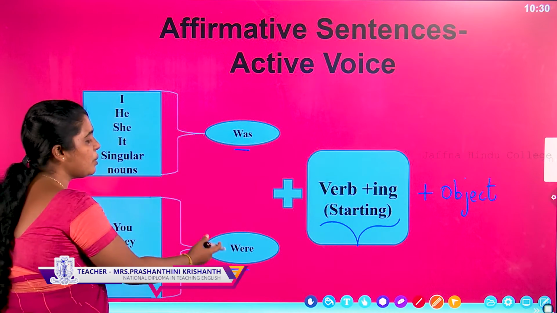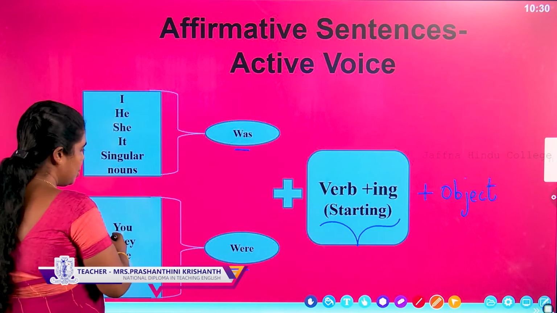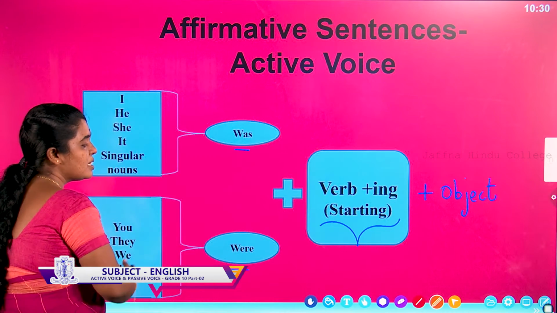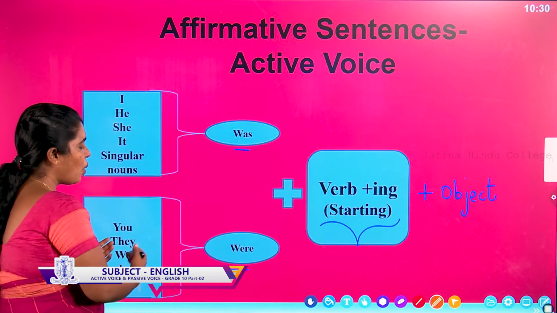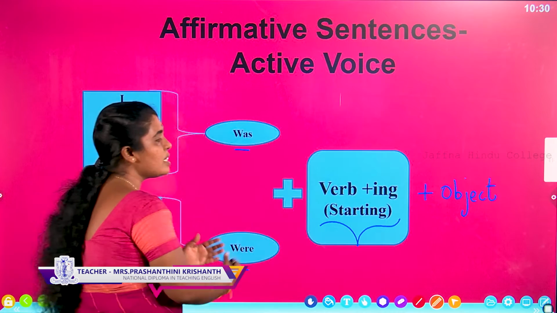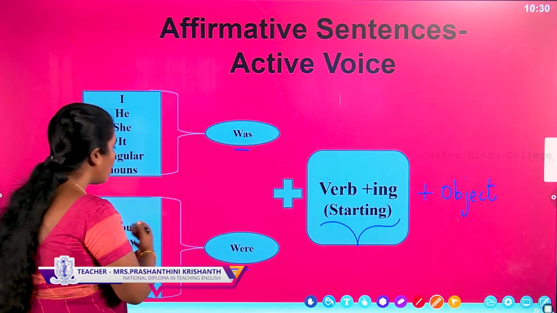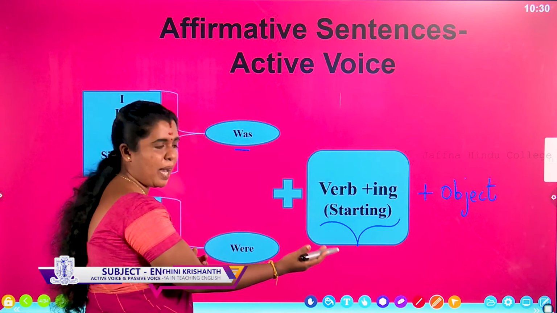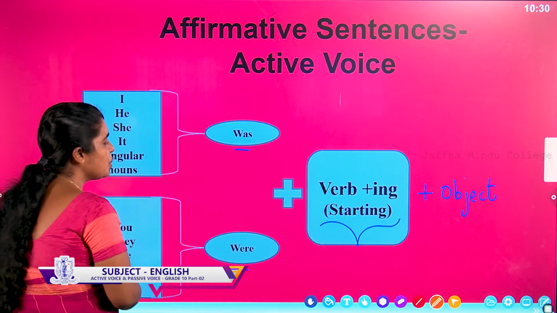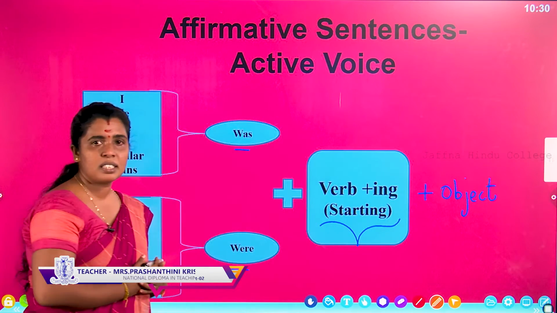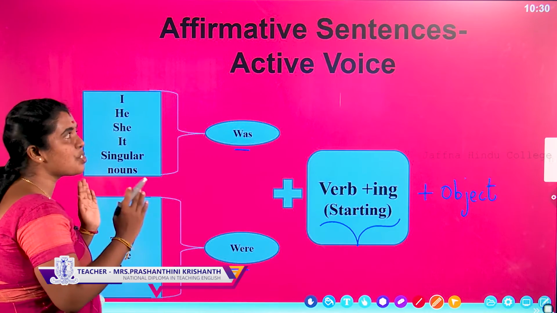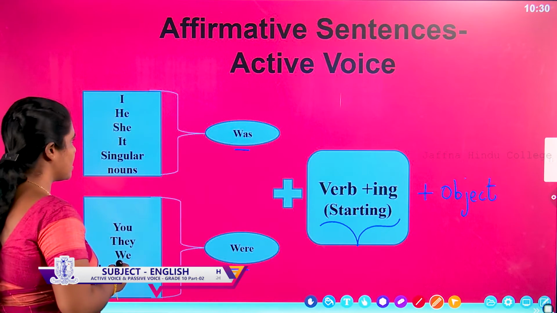Now see, where can we use were? You were, they were, we were, the students were, or the children were. See the examples: you were starting the project, they were starting the cricket match, we were starting our program, the students were starting the tournament. Like that you can practice. So, this is the structure of this sentence.